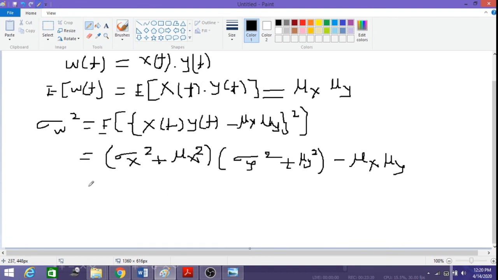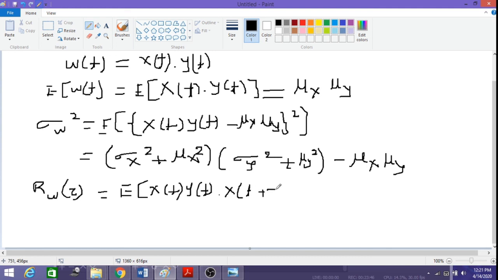If we see this in terms of the autocorrelation function, what do we get? If you write the Rw of tau for this multiplication case, then this is equal to an expectation of x of t into y of t into x of t plus tau into y of t plus tau.